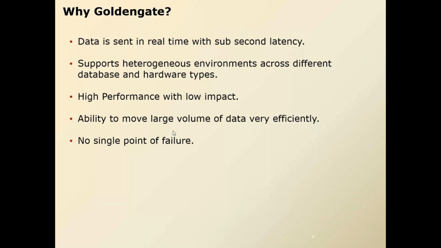When we talk about this, there are multiple factors involved, but if all the design, setup, configuration and network are fine, Golden Gate replicates the data with sub-second latency, that is, in near real time. Guys, always remember there are two terms, real time and near real time.